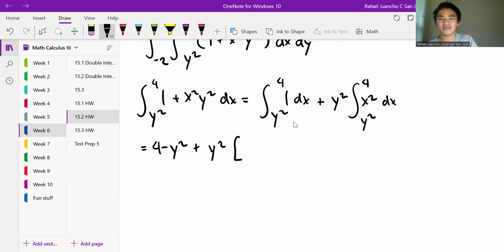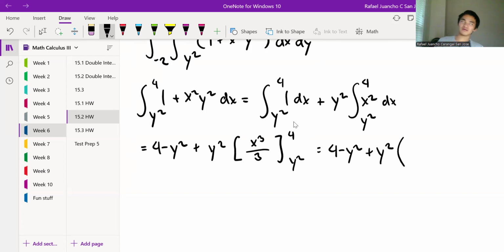This is y squared integrated by x cubed over 3 of 4 and y squared. And so this would give me 4 minus y squared plus y squared of 4 cubed, which is 4 times 4 times 4, 64 over 3. Y squared, so that's y to the 6th over 3.